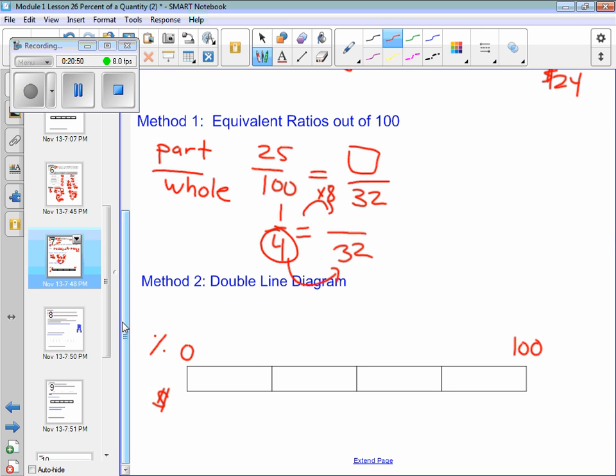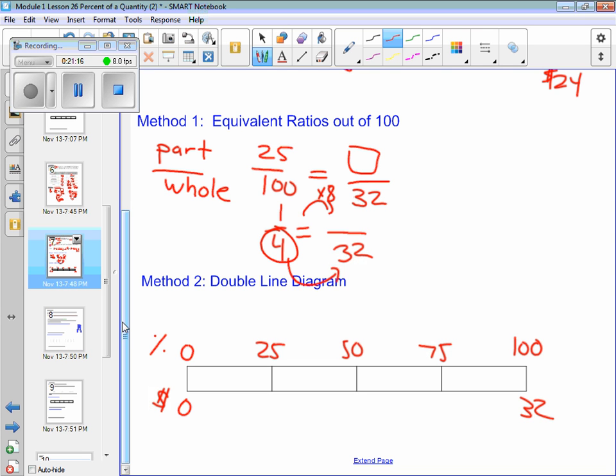If you break up your percentages by fourths, you wind up counting by 25s. These are percents. And if you break this up, it winds up being $0 with the whole price, the whole strip being 32.